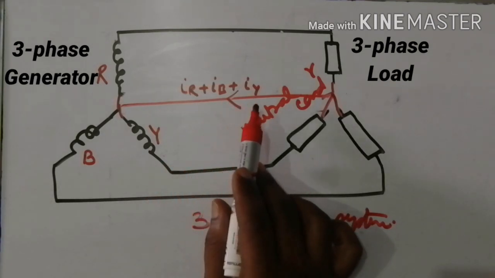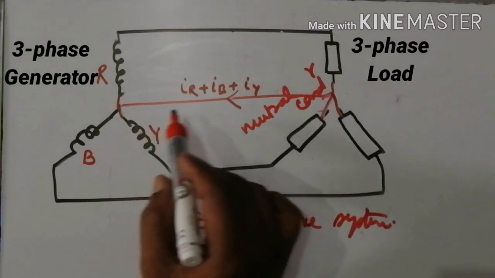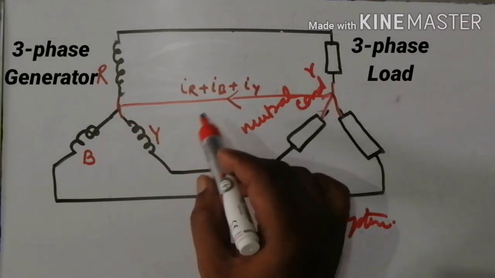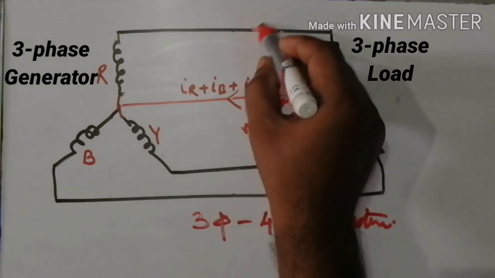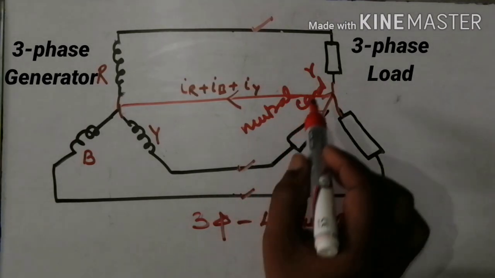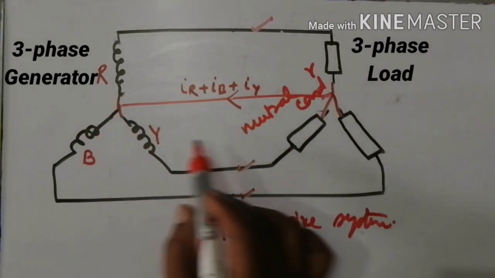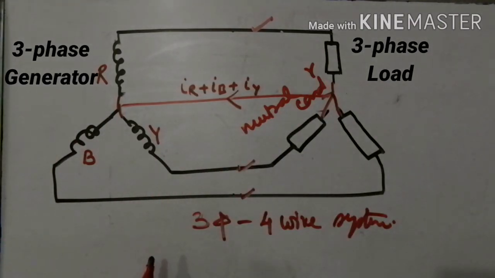Many people will think that the conductor required for the neutral should be 3 times the size of the other conductors, this one and this one, as it is carrying the sum of 3 currents, IR, IB and IY. But see the technicality.